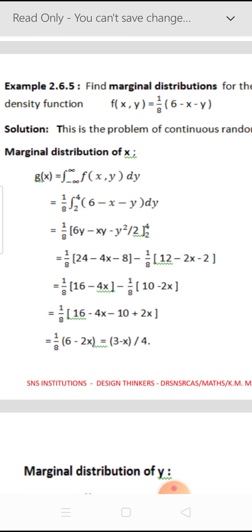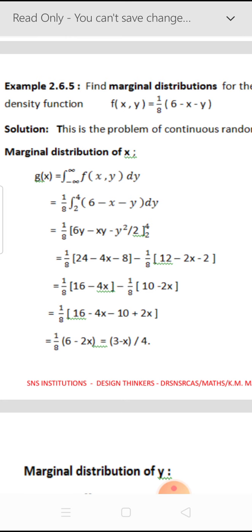Integrate 6 minus x minus y with respect to y. 6 is a constant, you keep it as it is; when dy is integrated, you will get y. Minus x is a constant, you keep it as it is; when dy is integrated, we will get y. Minus y, when integrated, gives y square by 2.